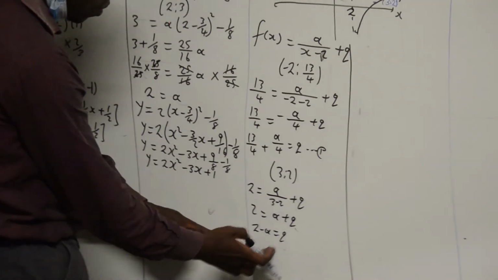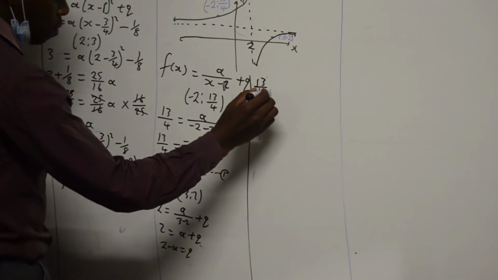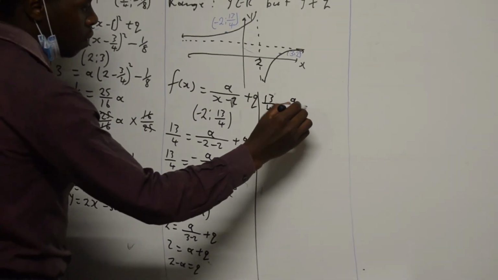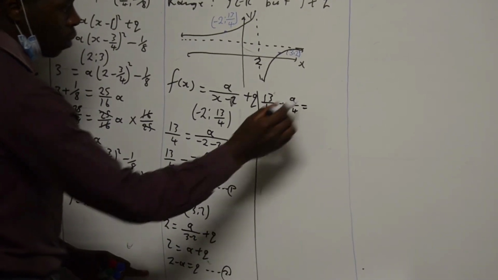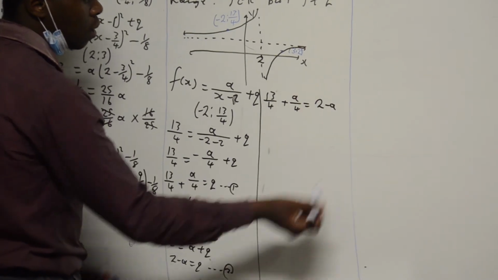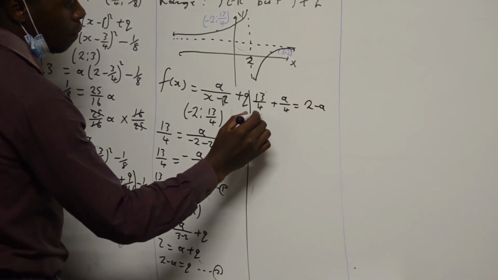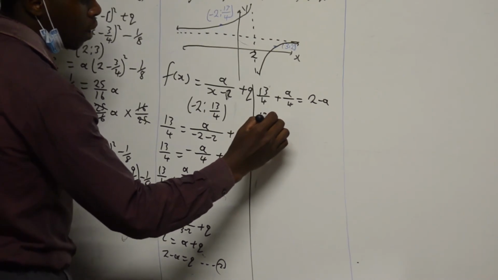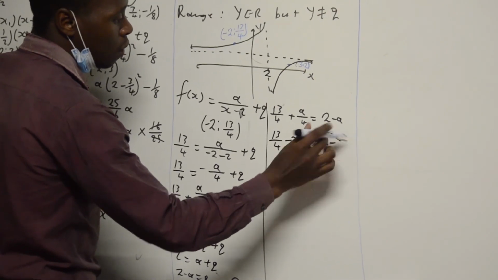Then equate the Q's now. So 13/4 plus A/4 equals, this is equation 2, 2 minus A. Take the A's to one side. So you'll have 13/4 minus 2 equal to -A/4.